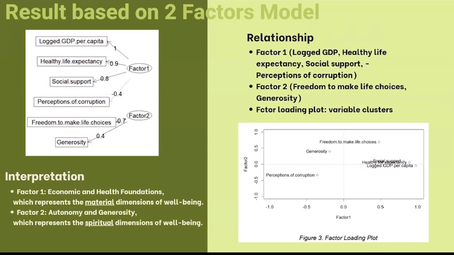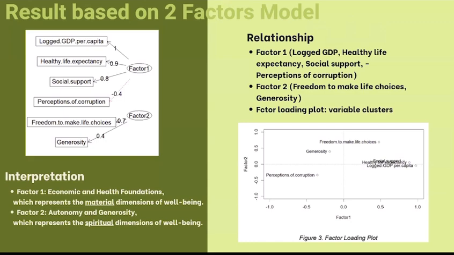Yes. Okay. So, actually, we are not that surprised about that, because I think in our intuition, we also measure the happiness level as divided into the material part and the spiritual part.